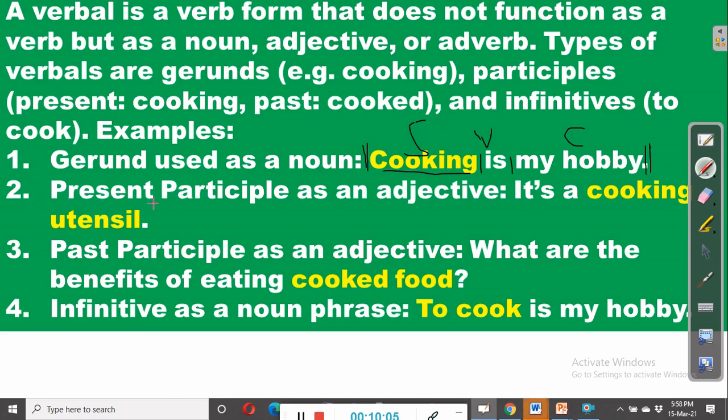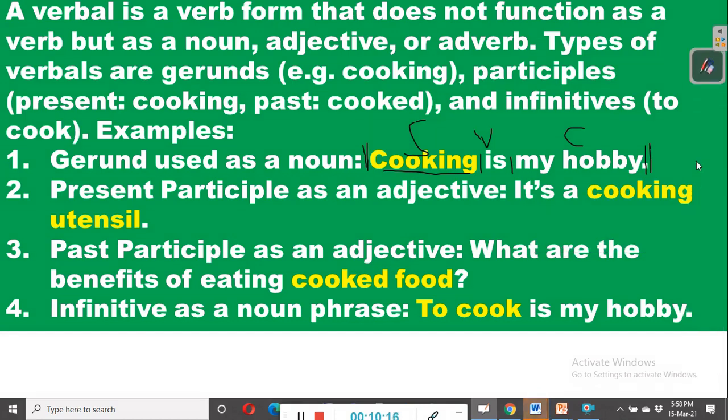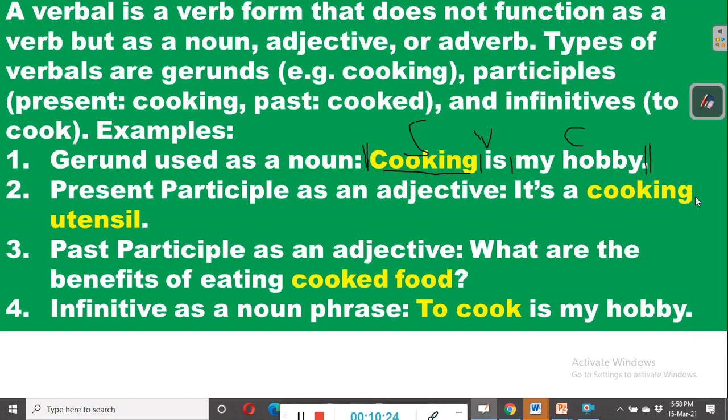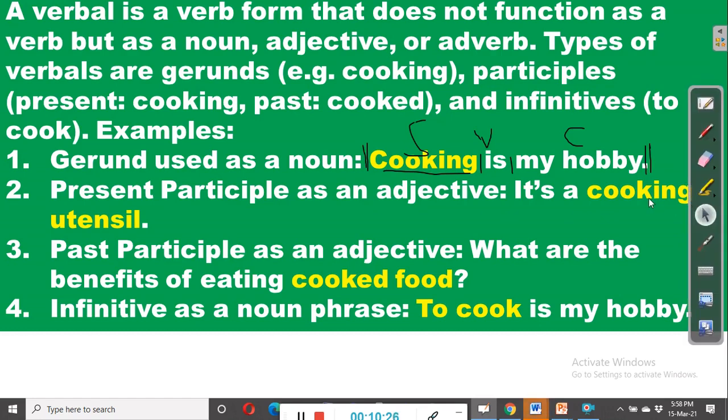Now, the second example is about the present participle used as an adjective. And what do we have here? Well, let me move this a bit away, just enough for us to see cooking here.